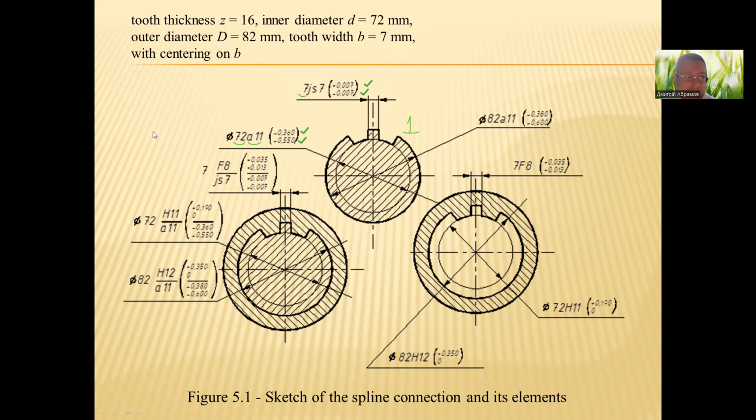For outer diameter, diameter 82, we have tolerance field a11 too, like for the inner diameter. So we can find the upper limit deviation and lower limit deviation: the upper limit deviation is equal to minus 0.380 and the lower limit deviation minus 0.600.